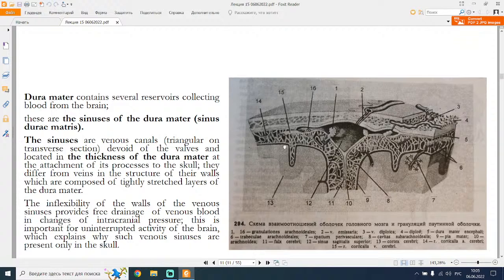This is the bone of the cranium. This is dura mater.